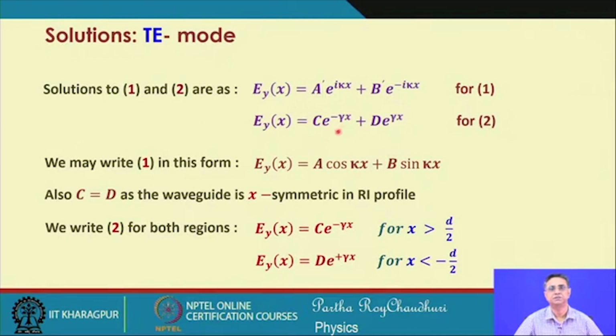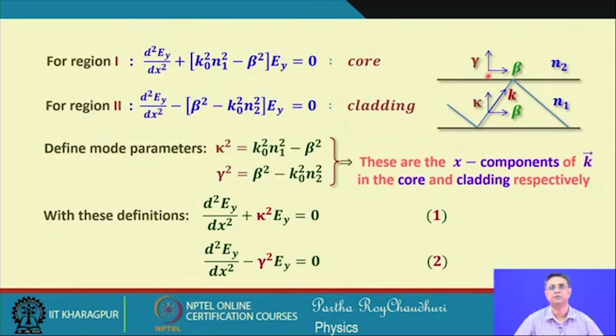In that case, the first part will represent an exponentially decaying wave when x is positive, but this second part will represent an exponentially decaying wave when x is negative. And because C is equal to D, this will represent only the upper half of the interface. So, the wave which will be traveling across this layer will be e to the power of minus gamma x, but the wave which will be traveling across this will be e to the power of plus gamma x, because x is negative here.